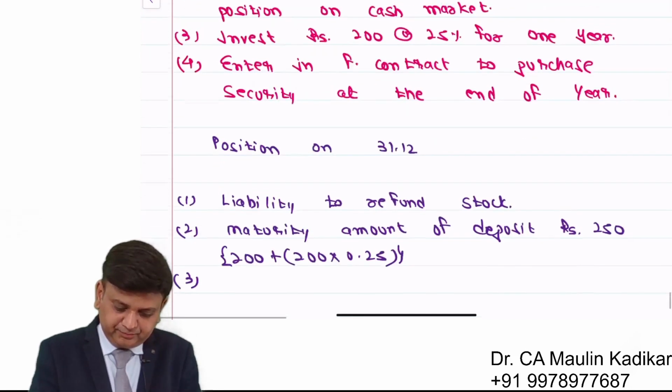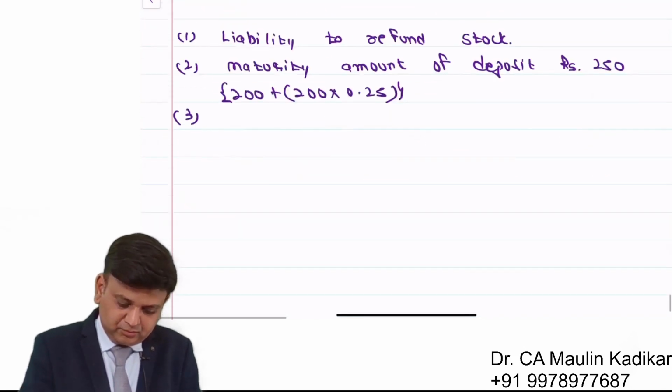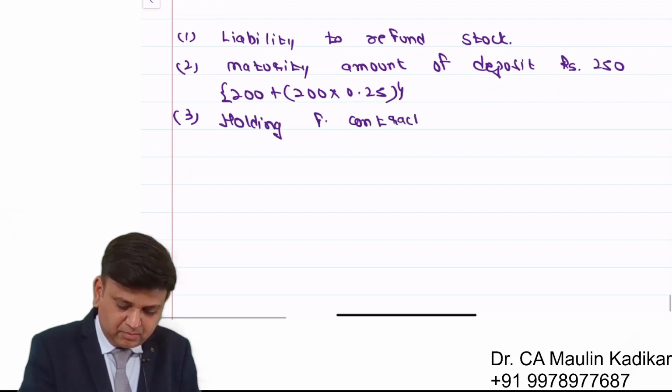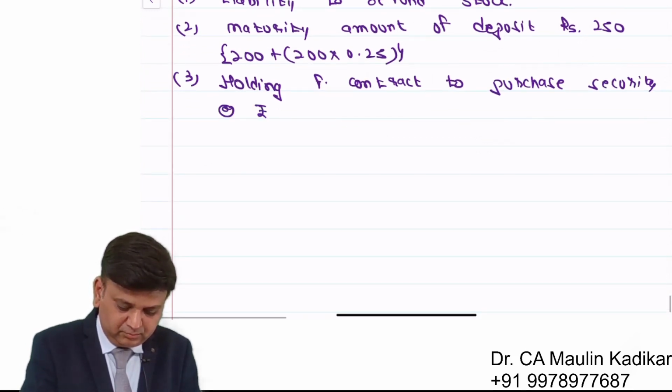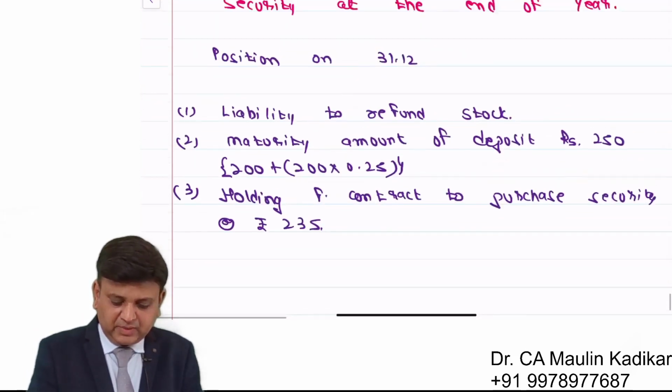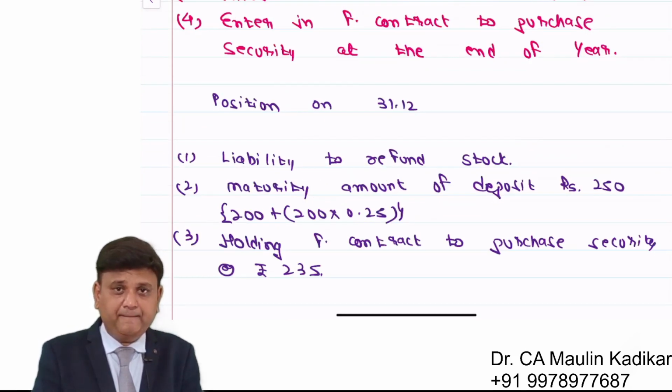Third, holding F contract to purchase security at the rate of 235.